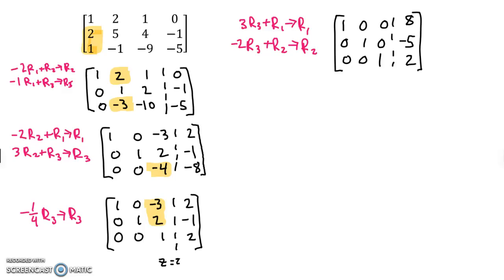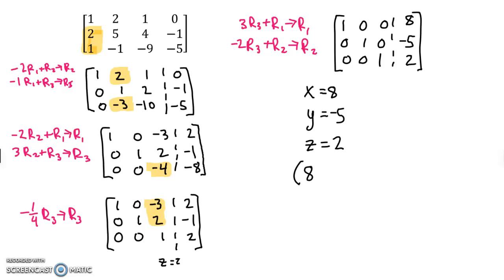So this means I have a unique solution. They all cross at one point, and that point is x equals 8, y equals negative 5, and z equals 2.